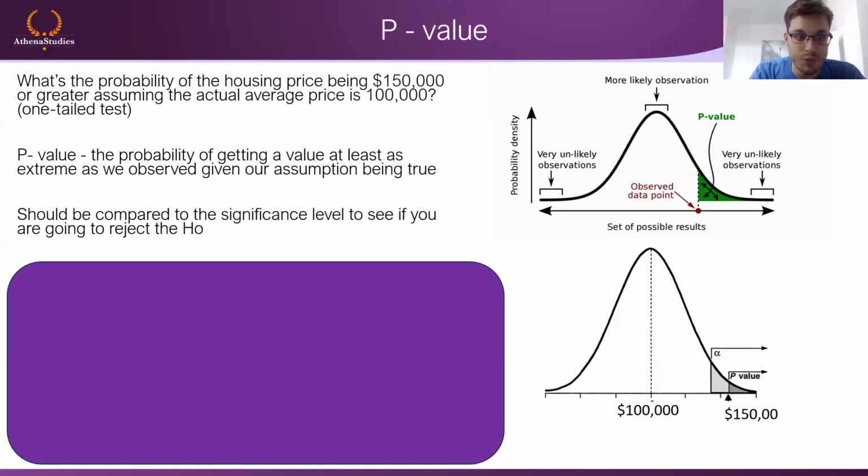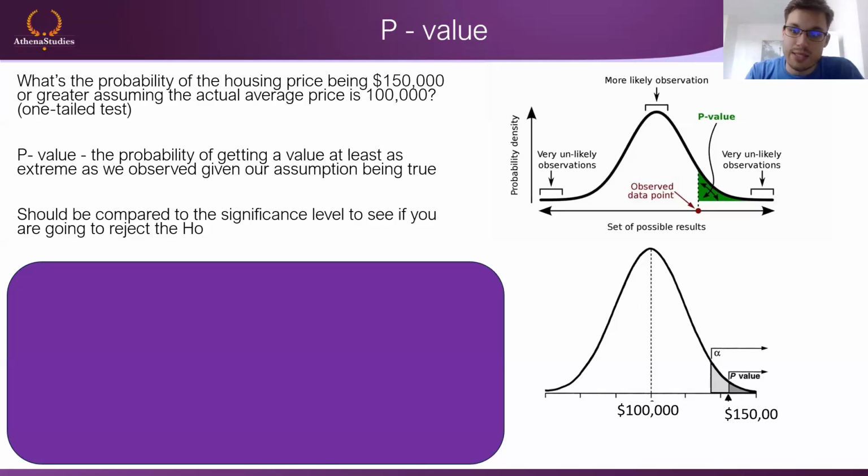We assume the assumption is true, and based on the observed sample, the p-value tells us how likely it is that HA is actually true.